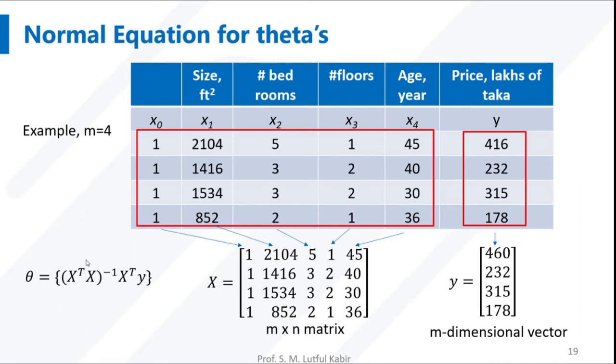The calculation of this expression will give you a column vector of theta. Our theta will be a 5-dimensional vector because the thetas in this case are theta 0, theta 1 up to theta 4. The total number of elements is 5, 4 plus 1.